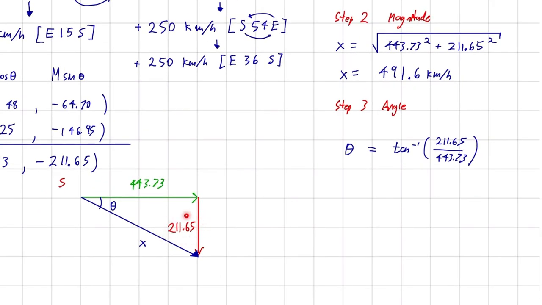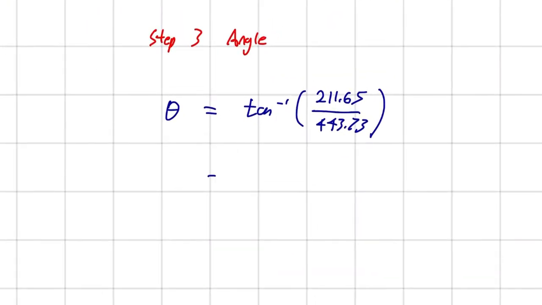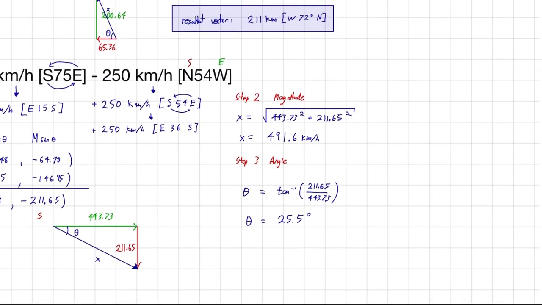Again, our 211.65 and our 443.73. And with our calculator in degrees, we'll find that theta has a value of 25.5 degrees.